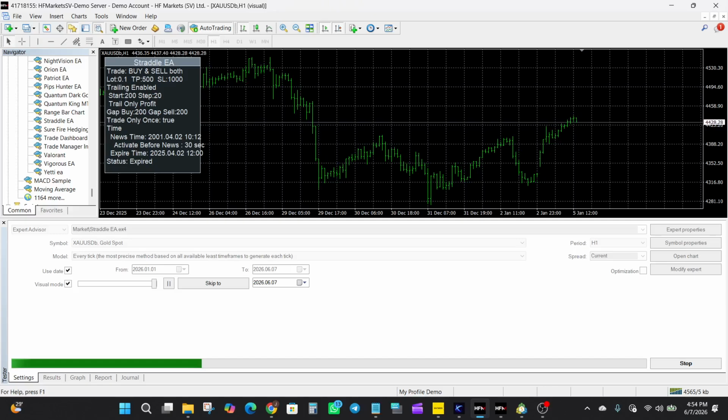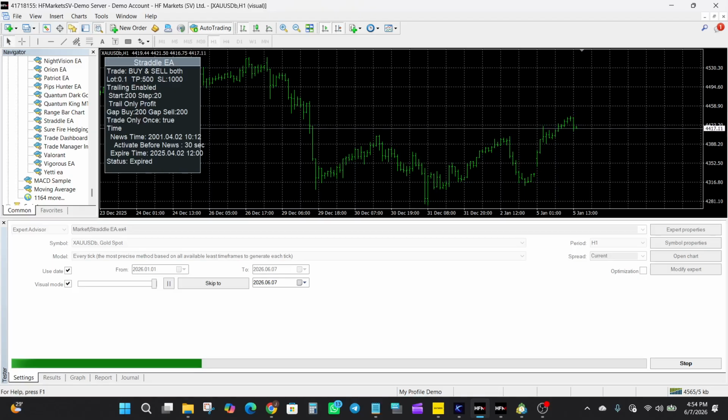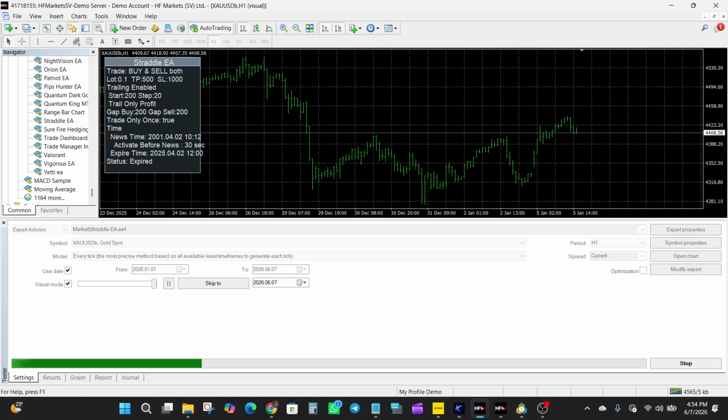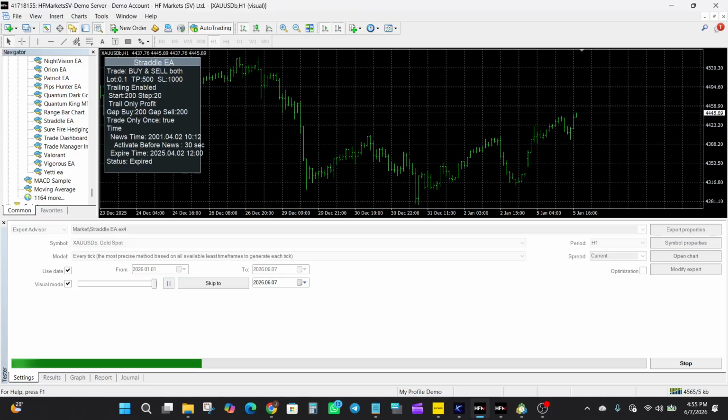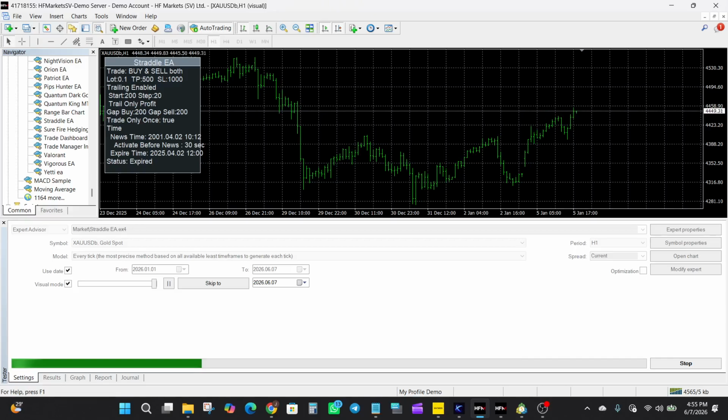Overall, the Straddle EA for MT4 is presented as a structured news trading system that automates breakout capture during high impact events using pending orders, with time-based activation and strict trade management rules around entry and expiration. Personally, I'm going to recommend running longer term testing across multiple news events yourself so that you can better understand how it behaves under different volatility conditions before considering any live deployment.